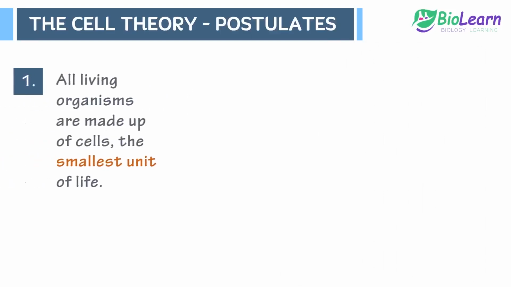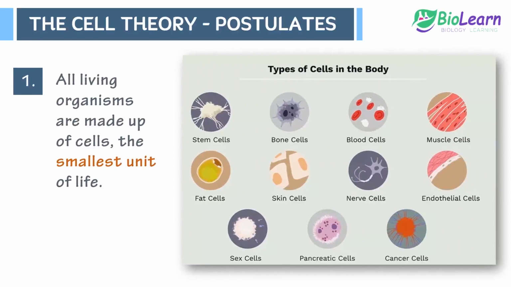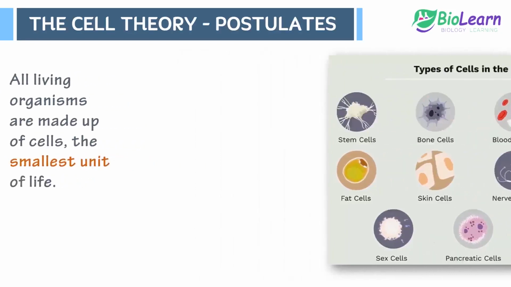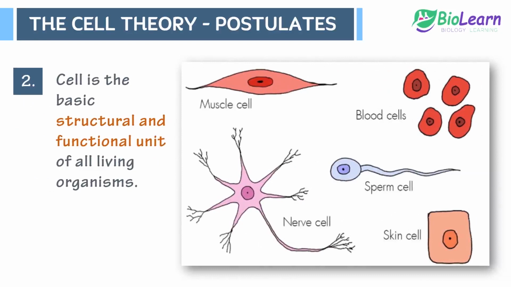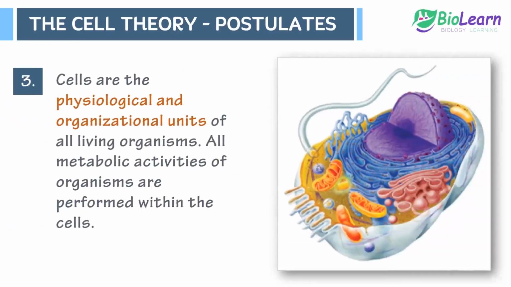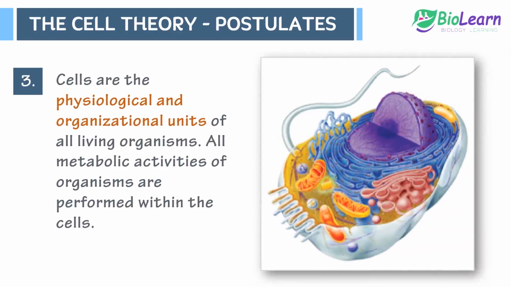Firstly, all living organisms are made up of cells, the smallest unit of life. Cell is the basic structural and functional unit of all organisms. Cells are the physiological and organizational units of all living organisms, as all the metabolic activities of organisms are performed within the cells.